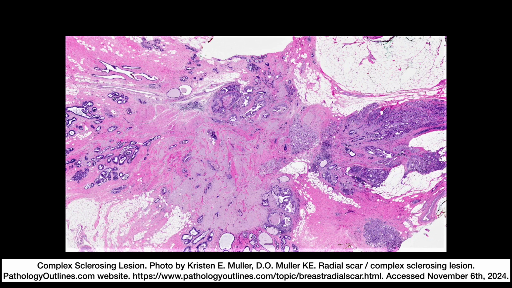Here is an example of a complex sclerosing lesion. It's much larger. It's more disorganized, where we can't really appreciate a single nidus. And you have that fibroelastotic stroma with cystically dilated glands, angulated glands as well, and some adenosis, some proliferative change.